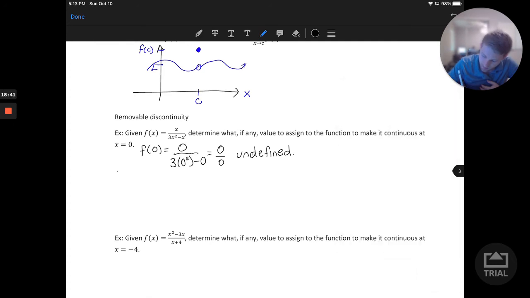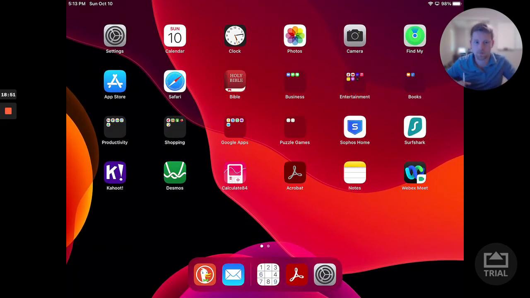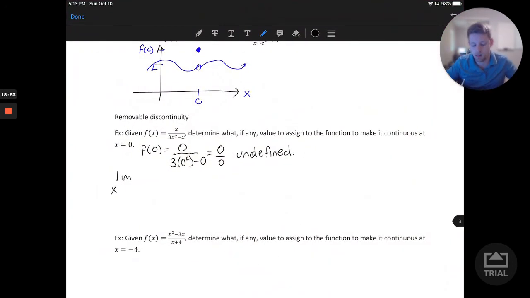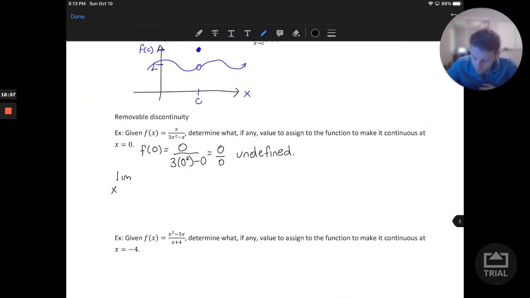We have the limit as x approaches 0 of f of x, which happens to be our function x over 3x squared minus x.